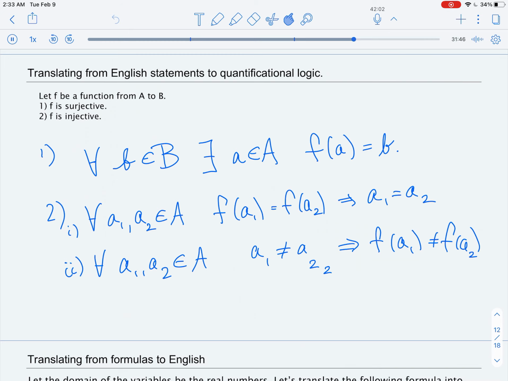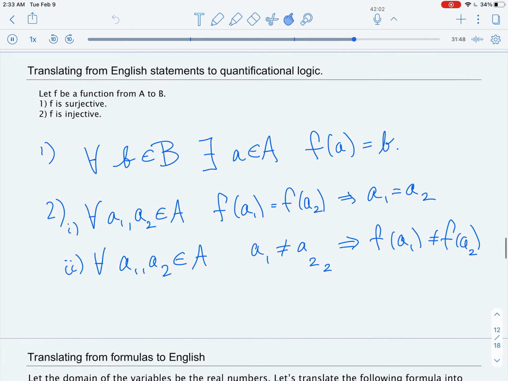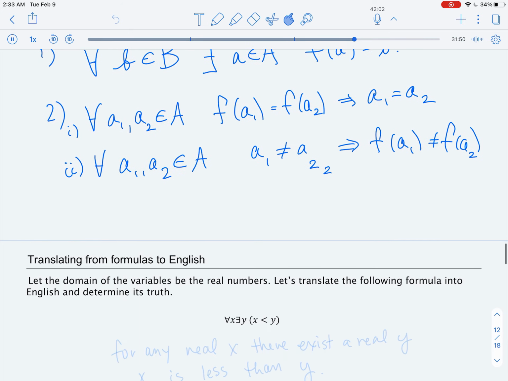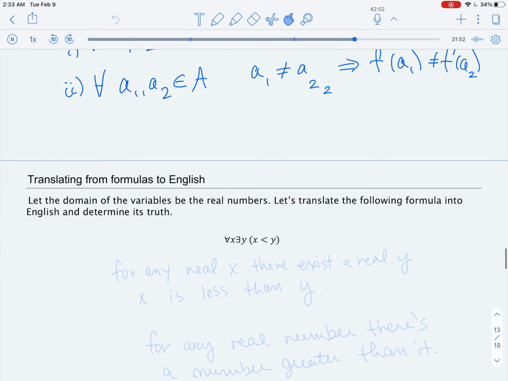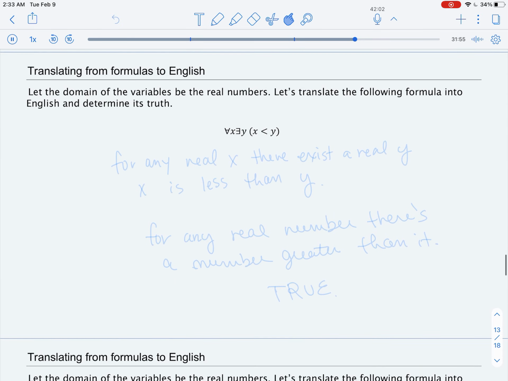Okay, now let's practice translating from first order logic formulas to English, and we want to try to make this as natural as we possibly can, but it's fine for the first pass if we make it just literally reading what the first order logic is. So we're going to let the domain of the variables be the real numbers, and then we will translate the formula into English and determine its meaning.